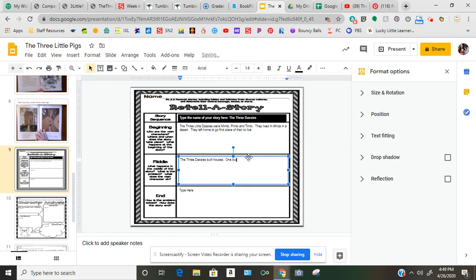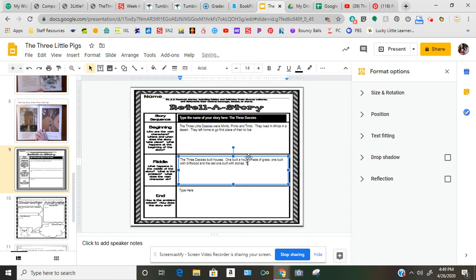One built a house made of grass. One built with driftwood. And the last one built with stones.